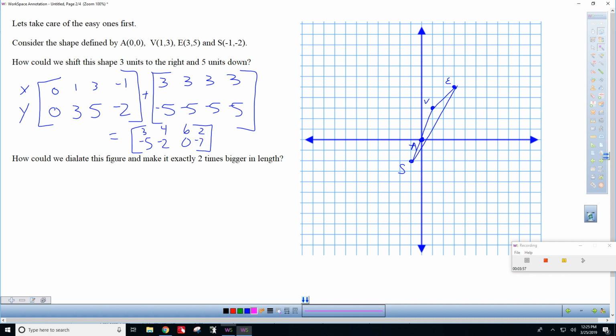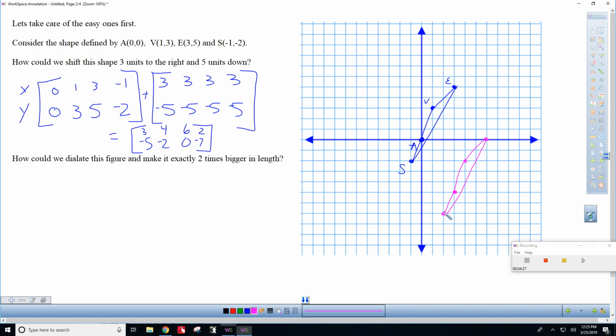So now I'll put these on there: 3, -5, 4, -2, 6, 0, and 2, -7. And notice, we've got the exact same shape.